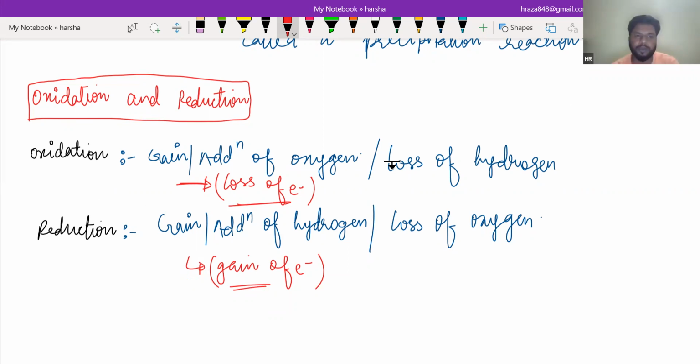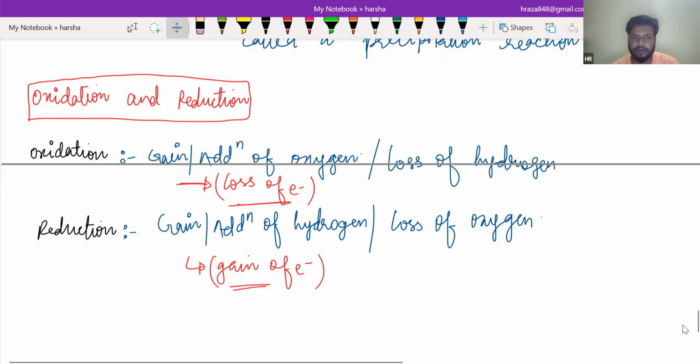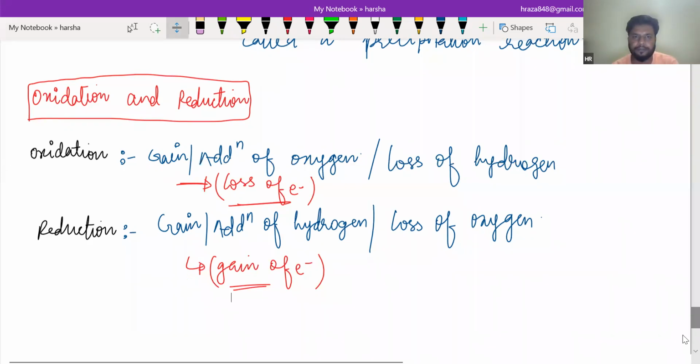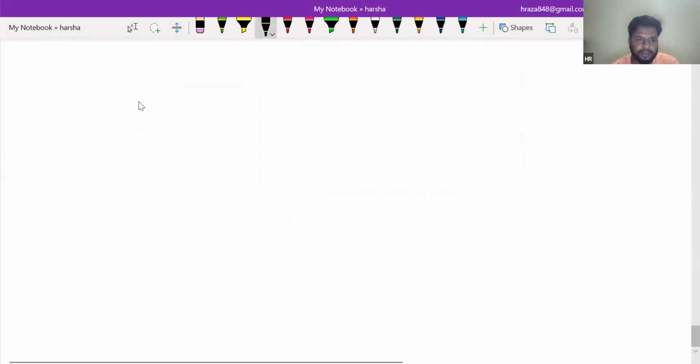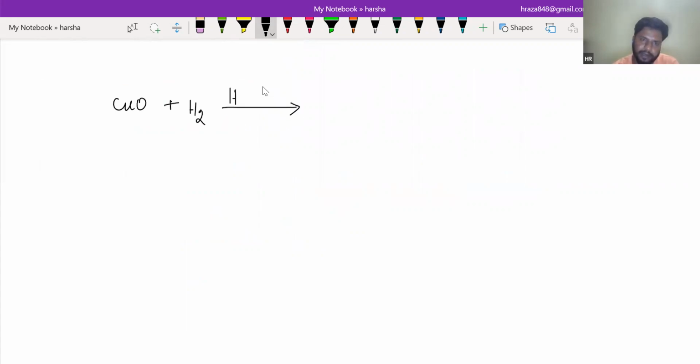Okay, very good. Now I'm going to give you an example. See, there is copper oxide, cupric oxide, CuO plus H2. When we heat it, it will be converted into copper plus H2O.